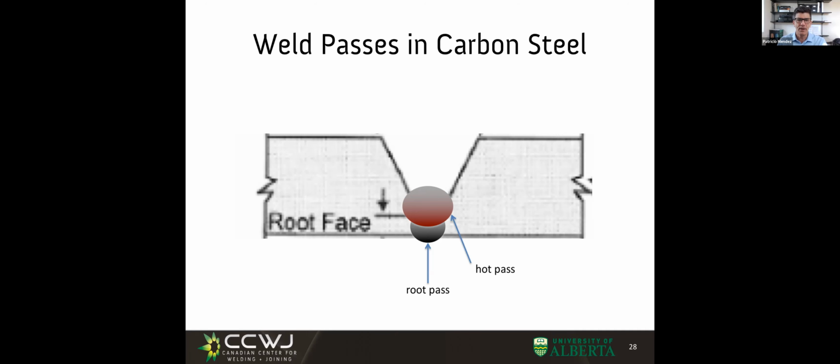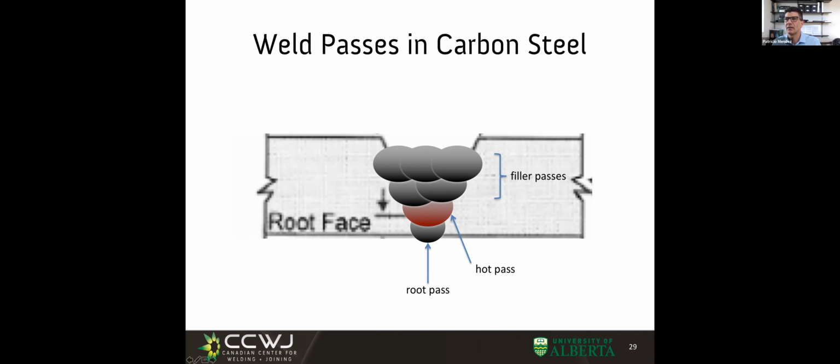So the second pass is what people call the hot pass. It's a pass typically done in a way that helps you drive the hydrogen of the root away. After I did my root pass with an electrode that might have hydrogen, I do my hot pass with a low hydrogen electrode to drive the hydrogen away, and then I fill it up.